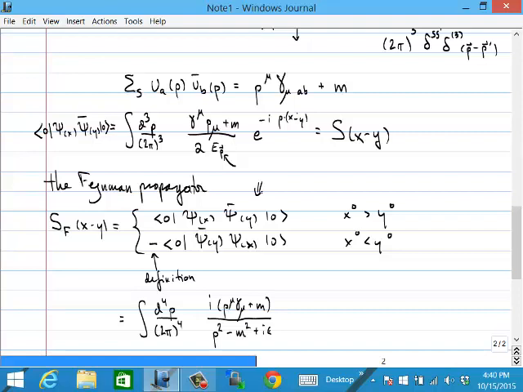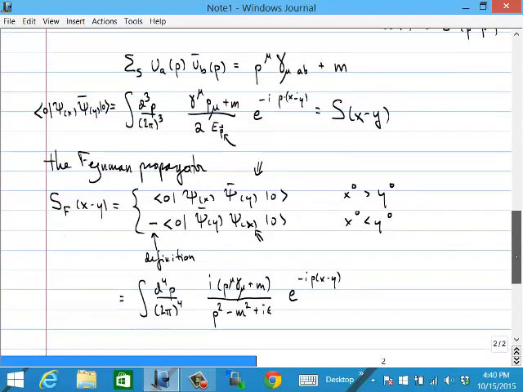And if you have x0 less than y0, you close the contour on the other side, and you get this guy. And we have the same e to the minus i p x minus y. So this is the expression for the Feynman propagator of a spin 1/2 particle.